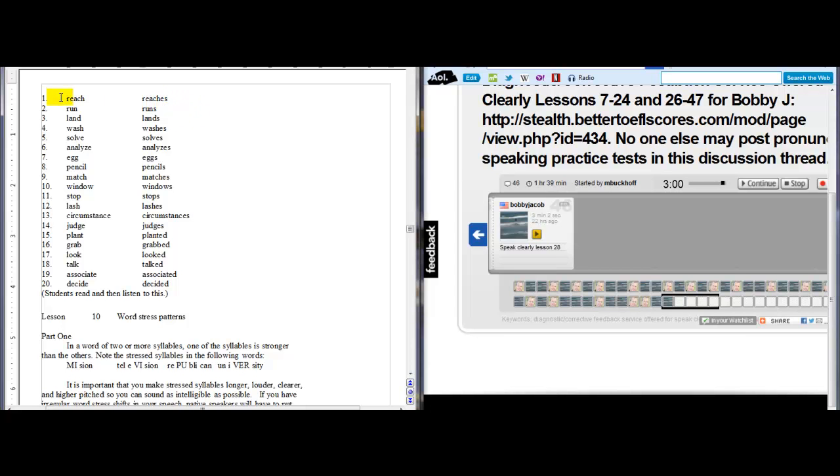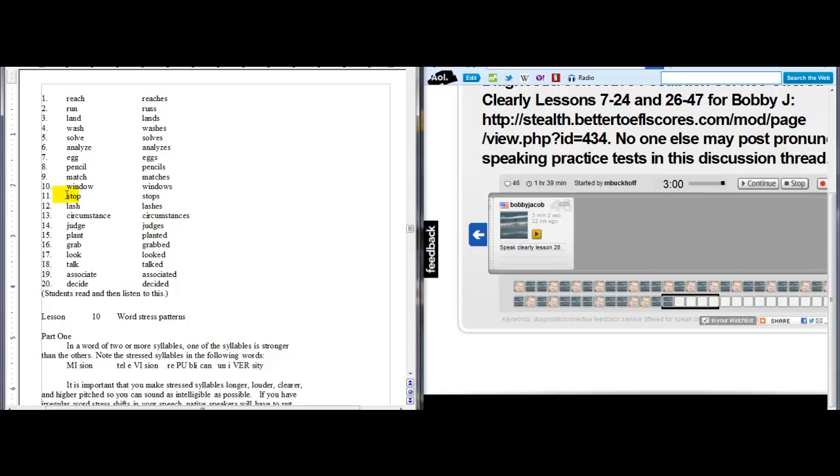So let's practice some of these again. Number 1, reach, reaches. Number 2, run, runs. Land, lands. Wash, washes. Solve, solves. Analyze, analyzes. Egg, eggs. Pencil, pencils. Match, matches. Window, windows.